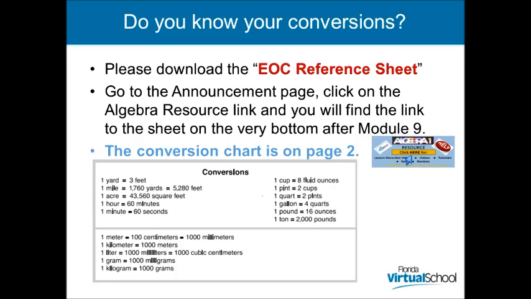Please scroll down past Module 9, and you will find a link that says the EOC reference sheet. Click on the download and save it to your desktop or to your Algebra 1 folder, however you organize your documents on your computer for your algebra course.